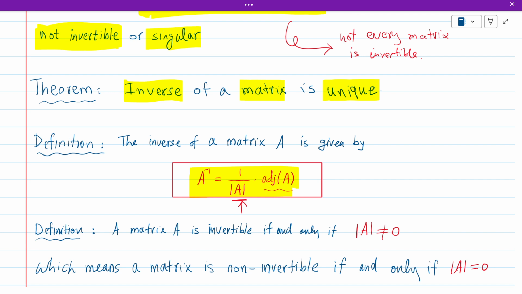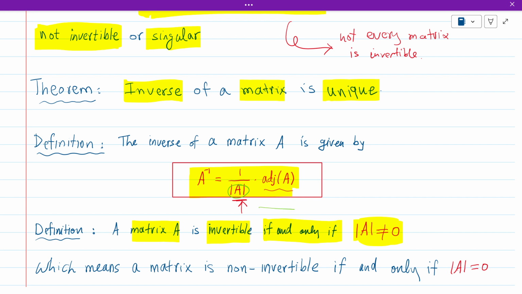But now we have a problem. What if this determinant is 0? In that case, we will have 1 over 0, which means it's undefined. So we have this result: a matrix A is invertible if and only if the determinant is not 0.